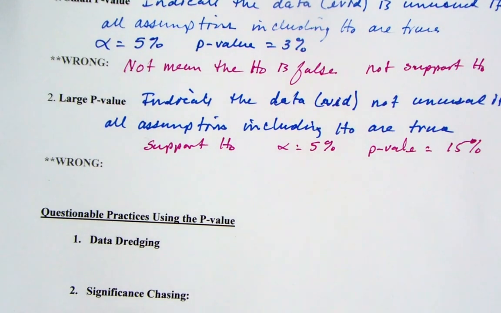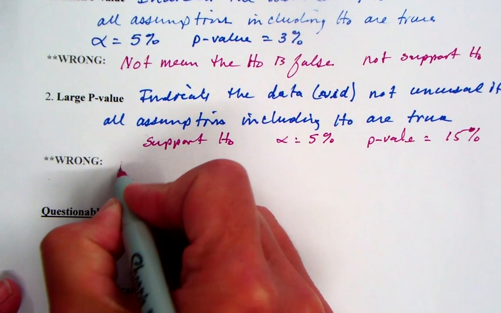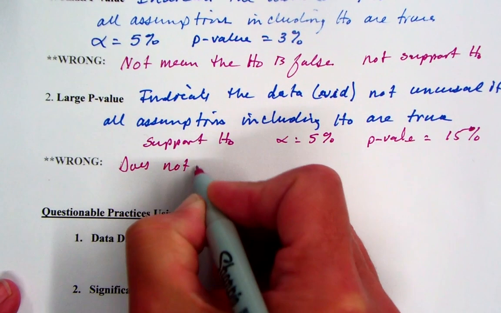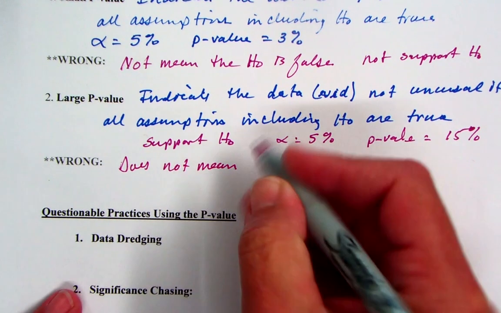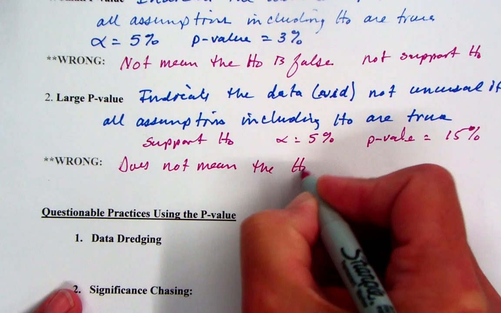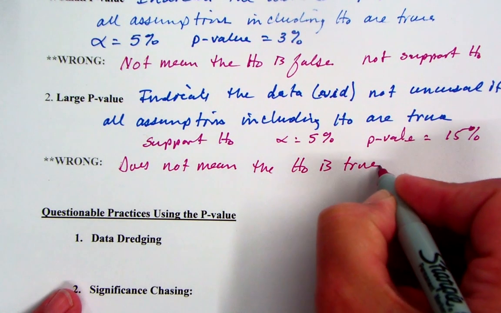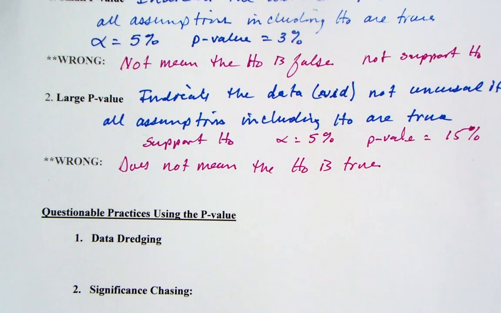So what does it not mean? It does not mean the null is true. It's only supporting or not supporting based upon the comparison to the alpha level which you set.